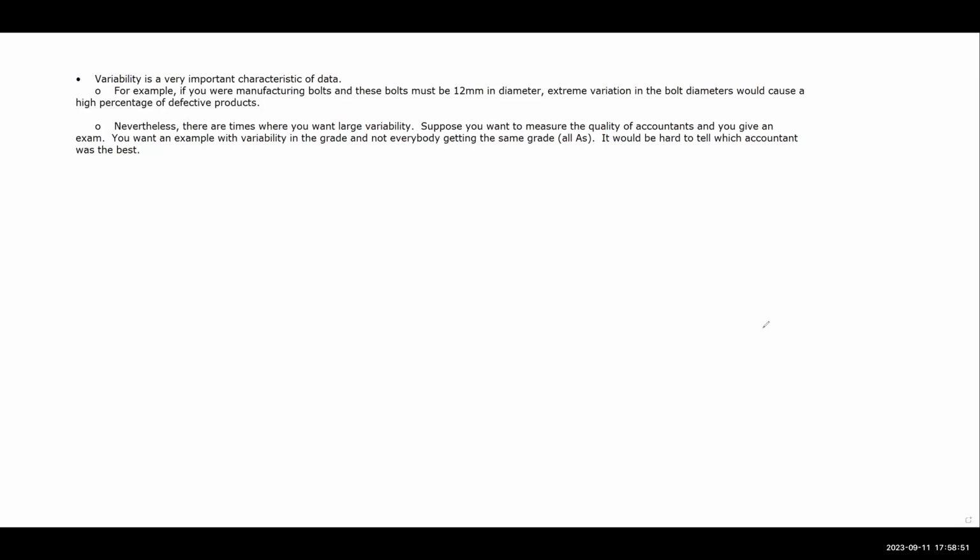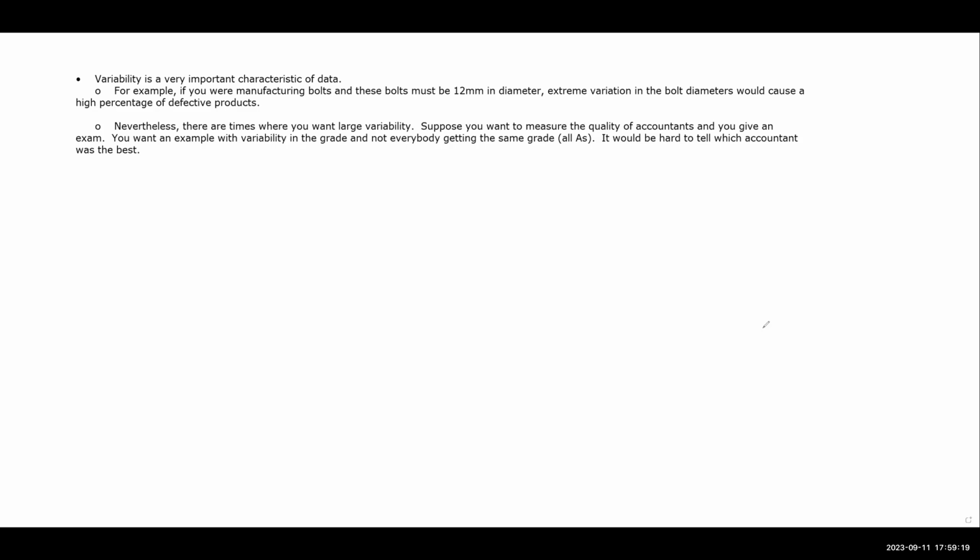Variability is also a very important characteristic of the data. For example, if you're making bolts, and these bolts must be 12 millimeters in diameter, extreme variation in the bolts, meaning your manufacturing process makes bolts from 4 millimeters to 28 millimeters all over the place, that means you have to throw away all of them that are not 12.